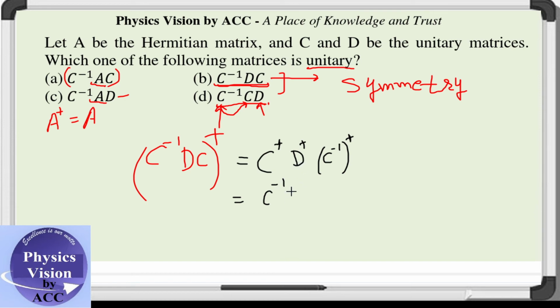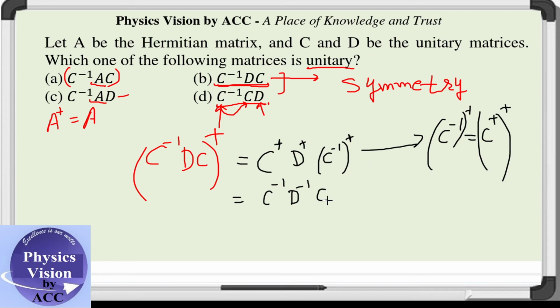D dagger is D inverse. Okay, and what about C inverse dagger? Since C inverse is equal to C dagger, if we take its dagger, that will give us the dagger of dagger, that is the original matrix back. So this is C inverse D inverse C.